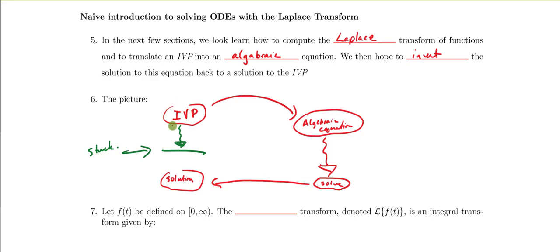So the process of taking an IVP and transforming it to an algebraic equation will be done by taking the Laplace transform of the ODE, back into this space where we will come up with an algebraic equation. We will then solve that algebraic equation, and then we will do the inverse transform of the solution to that algebraic equation, bringing us back to the solution of this IVP. We will get into more detail as we go through the course, but that's the general model of what we're doing with these Laplace transforms.